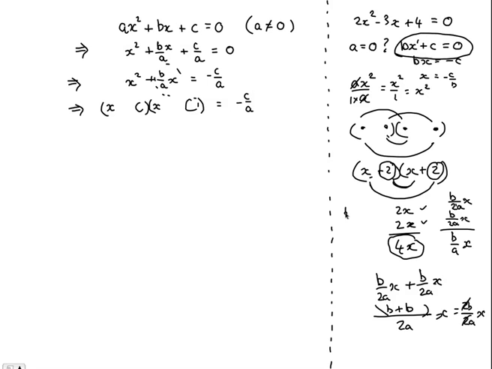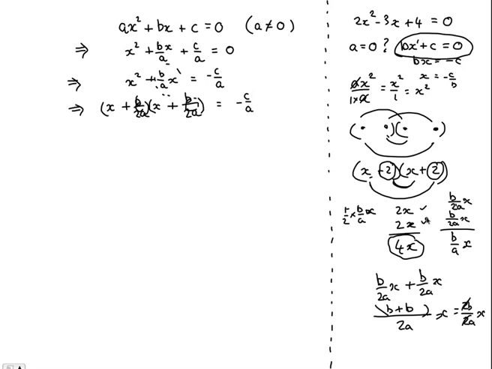Another way of looking at it is a half of b over a is b over 2a. So in here we must have a b over 2a and a b over 2a, and we add them both. b over 2a x plus another b over 2a x gives you b over a, lots of x.